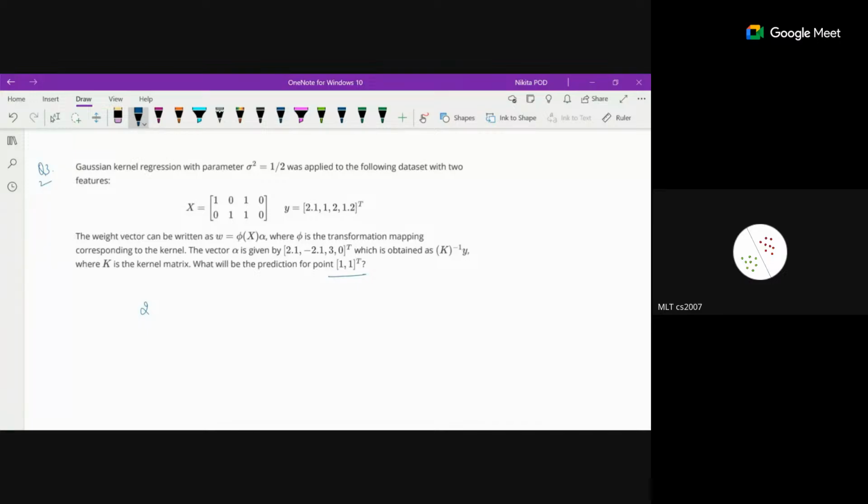What is given and what is coming from the data set? Actually, we have to predict 1 1. So it's present in the third column, and its label is 2. So it would be 2.